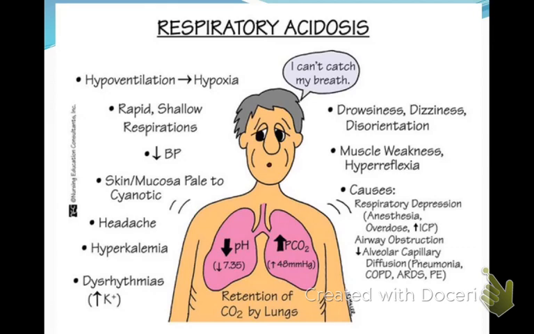Acidosis, again, you get the respiratory depression. These are the people with anesthesia, overdose, high ICP, so they're not breathing effectively. So they're not blowing off the CO2, so they're retaining it, so they're retaining acid. If they're retaining acid, their pH is going to plummet, right?